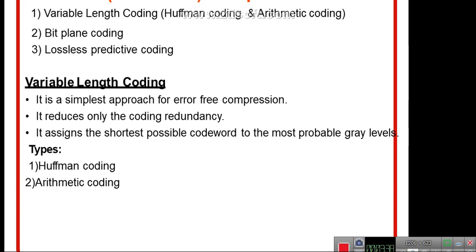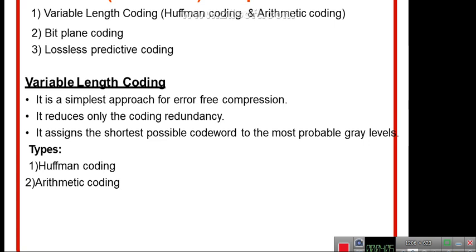What techniques do we use for lossless error-free compression? Variable length coding, under which we have two different codings: Huffman coding and arithmetic coding. Then bit-plane coding and lossless predictive coding. These are the techniques for lossless compression. Variable length coding is the simplest approach for error-free compression.